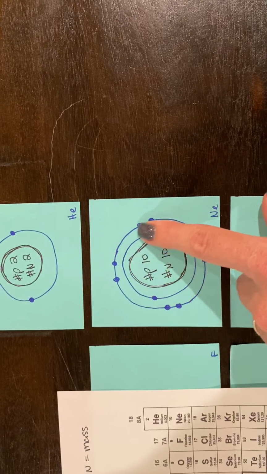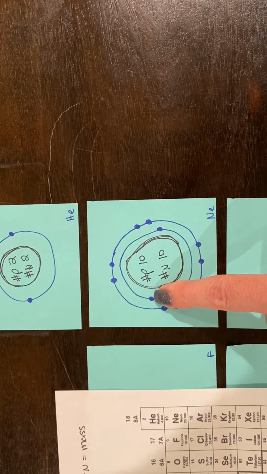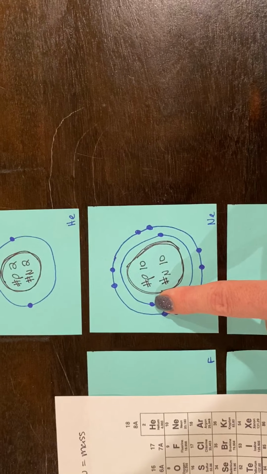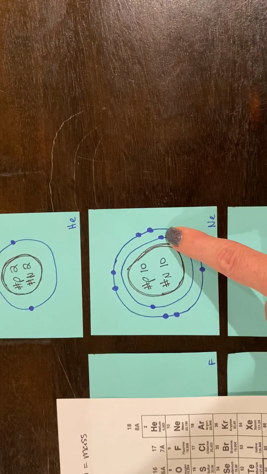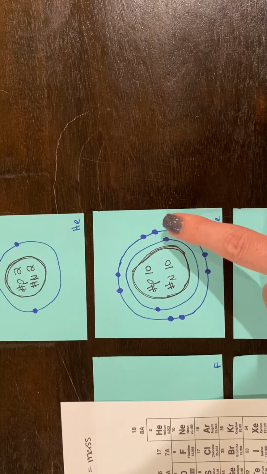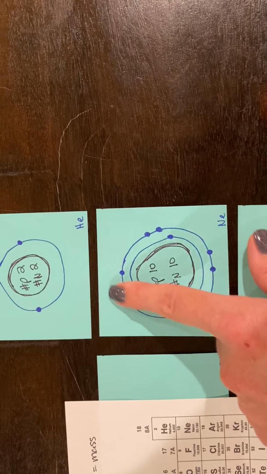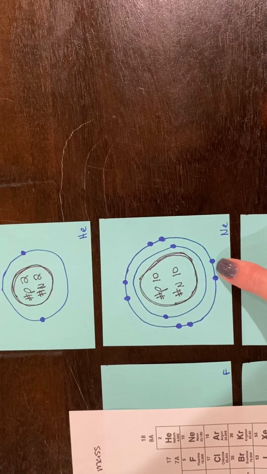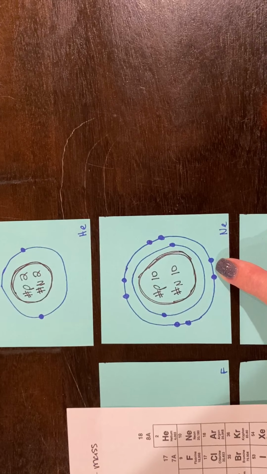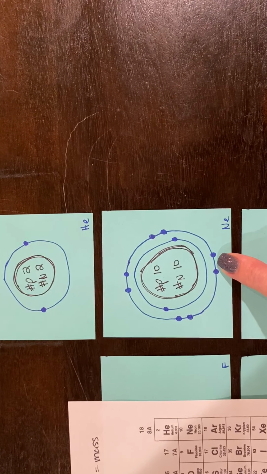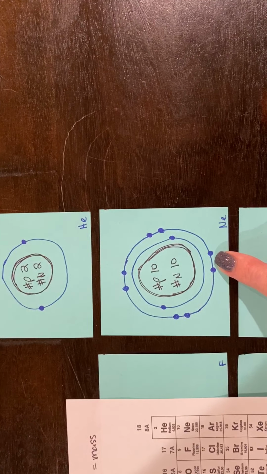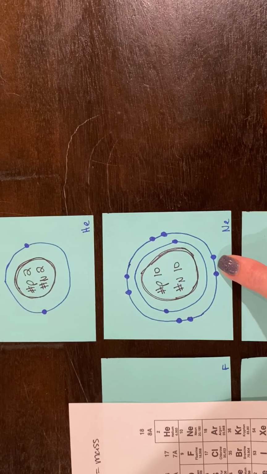So I drew my first shell. My first shell is full with 2 electrons, so I drew my 2 electrons. And I still had more, so I needed to draw a second shell, which I did. And I filled it with 8 electrons. So your outer shell will have no more than 8 electrons.